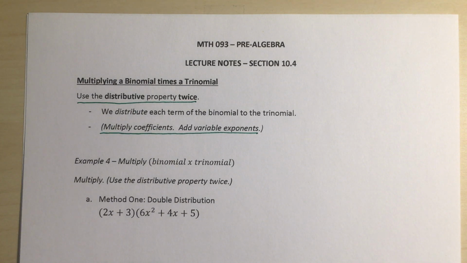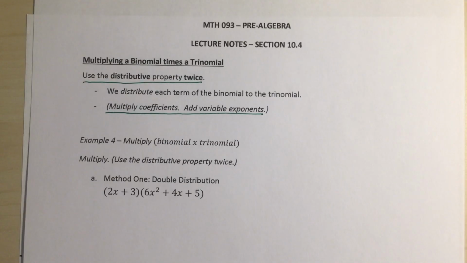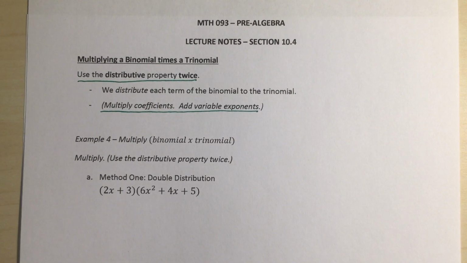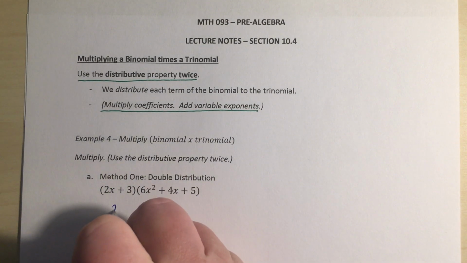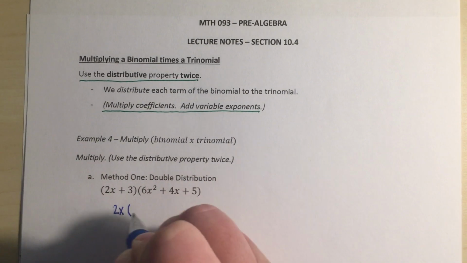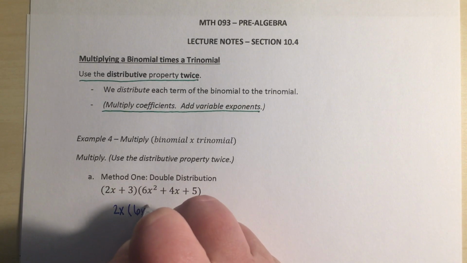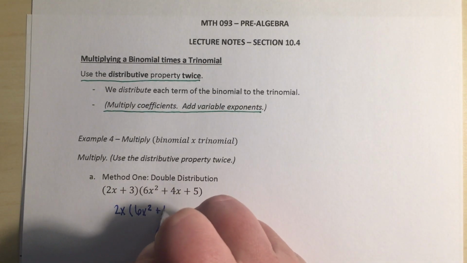So our first method is going to be our double distribution method. We have a binomial, 2x plus 3, and we are multiplying it by a trinomial, 6x squared plus 4x plus 5. We're going to start by distributing that 2x. So I'm going to rewrite my problem.